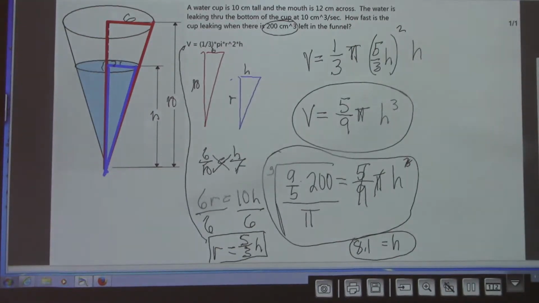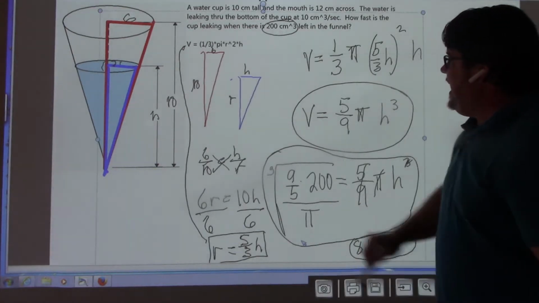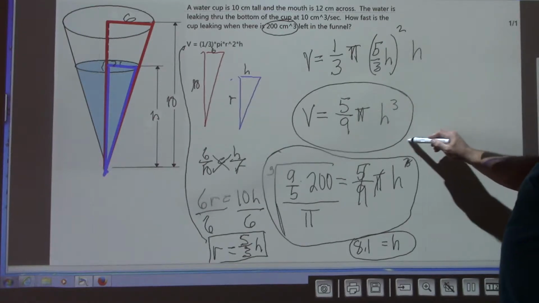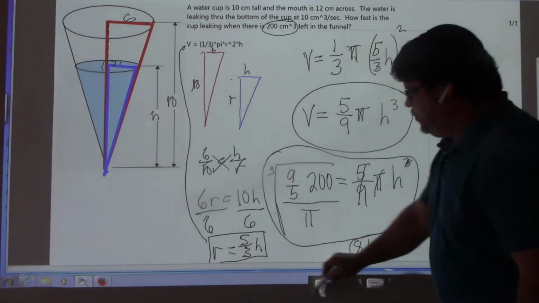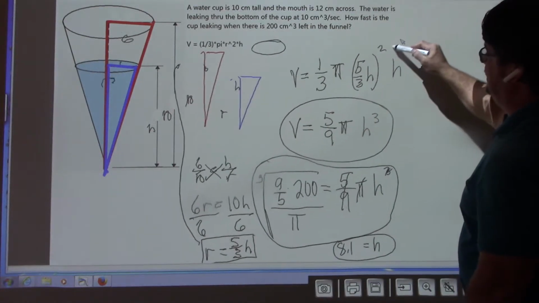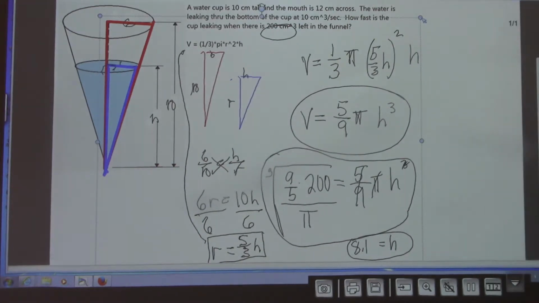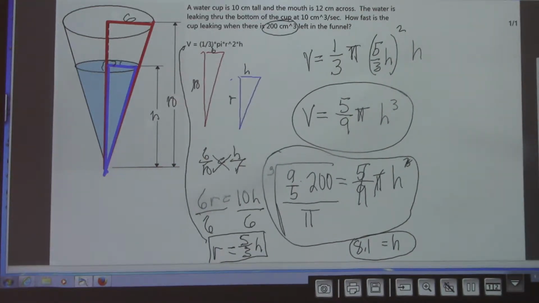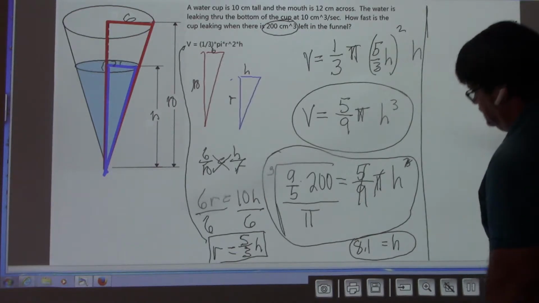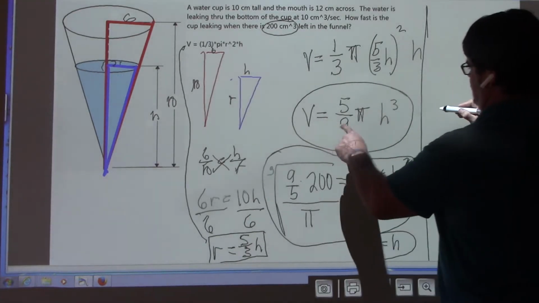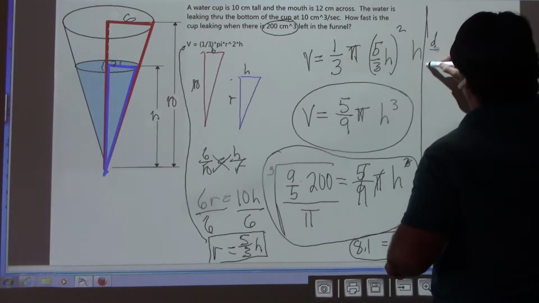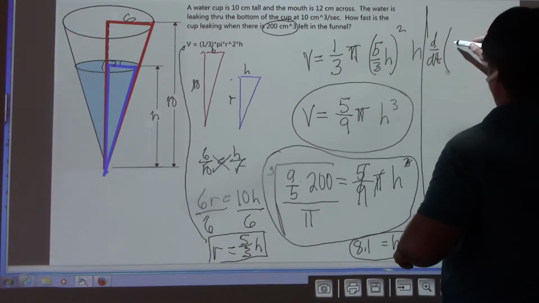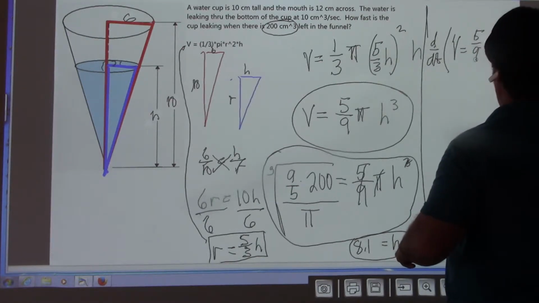Now that I've got H equal to 8.1, I can use that. So now I've got to take dV/dt. I'm going to take the derivative with respect to t of V equals 5/9 pi H cubed.